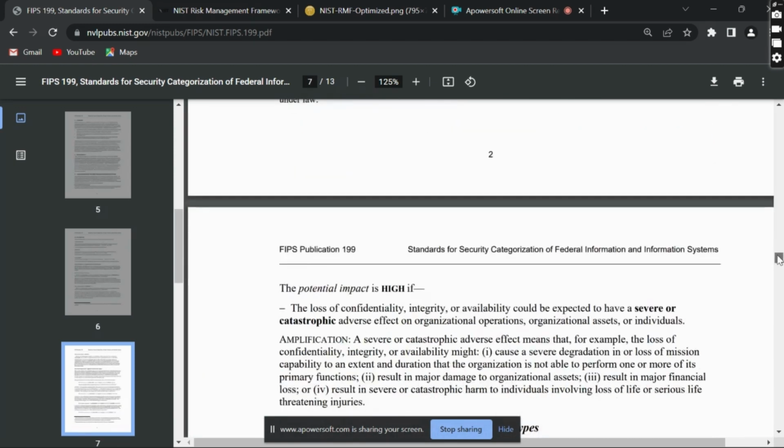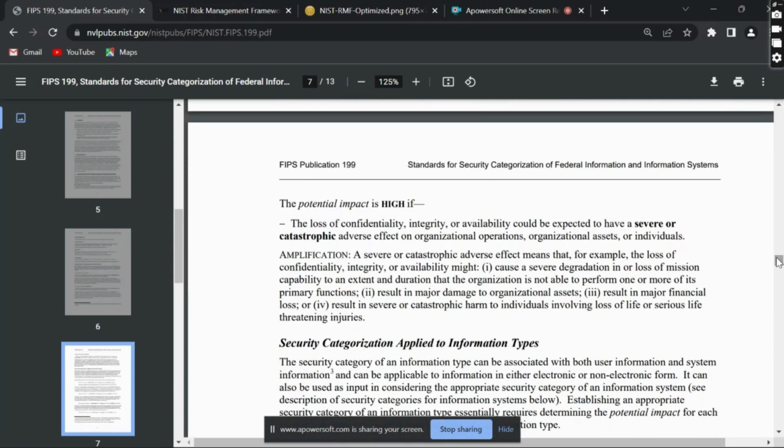But in a different way, when the potential impact is high, the loss of confidentiality, integrity, or availability could be expected to have a severe or catastrophic adverse effect on organizational operations, organizational assets, or individuals. Which is the implication?